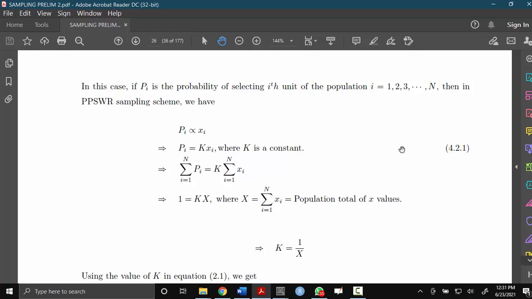Since the total probability is equal to 1, the left side becomes 1 and the right side becomes the total size X. So 1 equals k into X, which implies k equals 1 by X. Putting k equal to 1 by X, Pi equals Xi by X. So the probability of selecting the ith unit is equal to Xi, the size of the ith unit, divided by the total size.